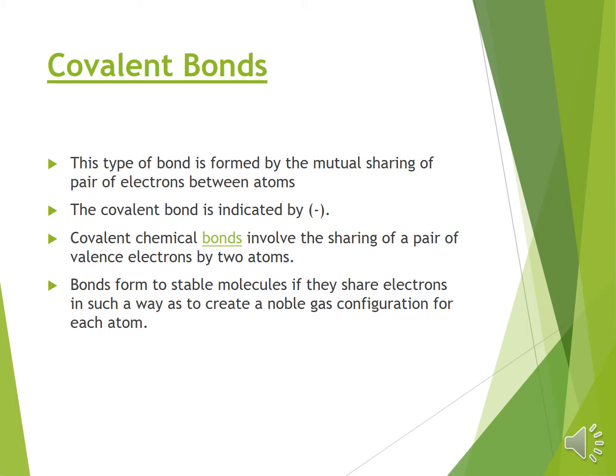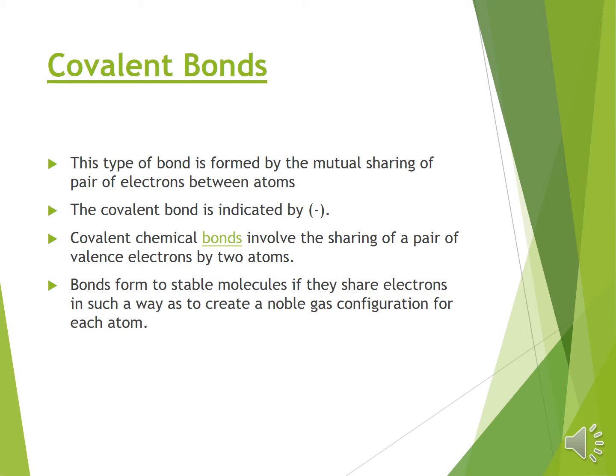When two same nonmetals have the same structure and the same valence electrons, they are not capable of or don't want to lose the valence electrons. At that time, they share electrons with each other to complete their octet.